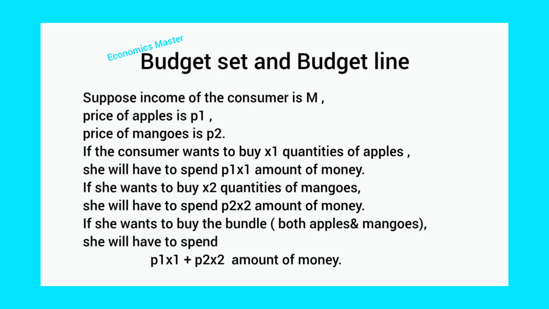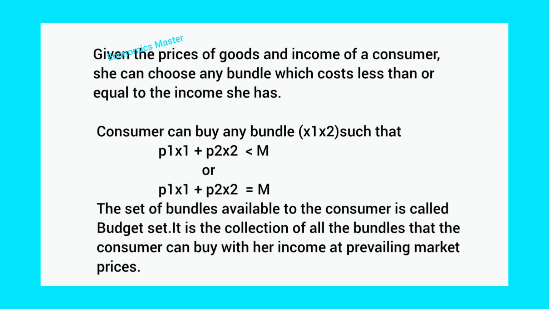That should be equal to or less than M. M means amount of money. So, given the prices of the goods and income of the consumer, she can choose any bundle which costs less than or equal to the income she has.